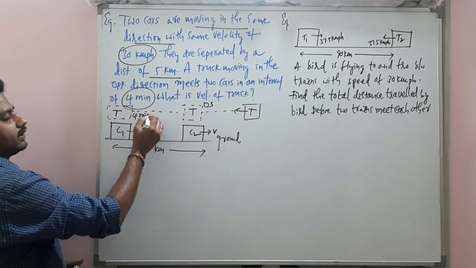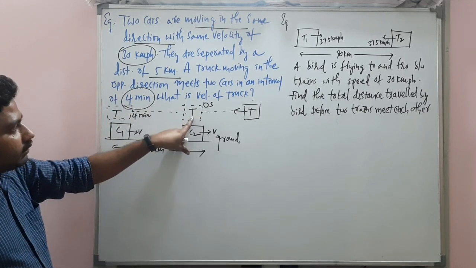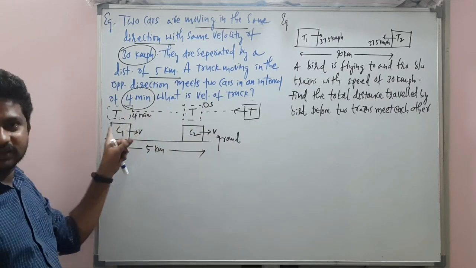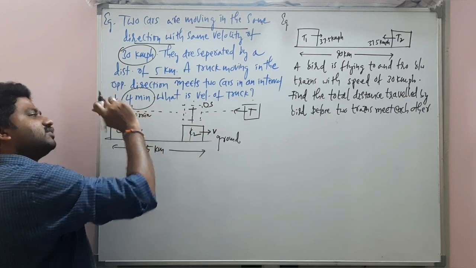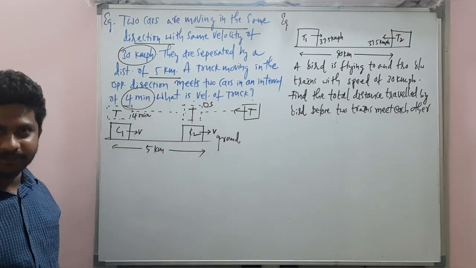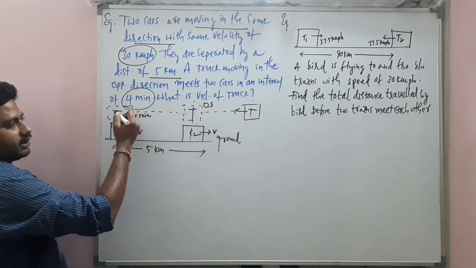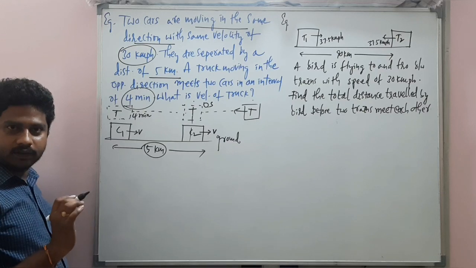Look at here carefully. The time interval of meeting both the cars is 4 minutes. Imagine when it is meeting this car at 0 seconds, it is meeting the other car at 4 minutes. So, what is the distance traveled by the truck from here to here? It's 5 kilometers. Right?